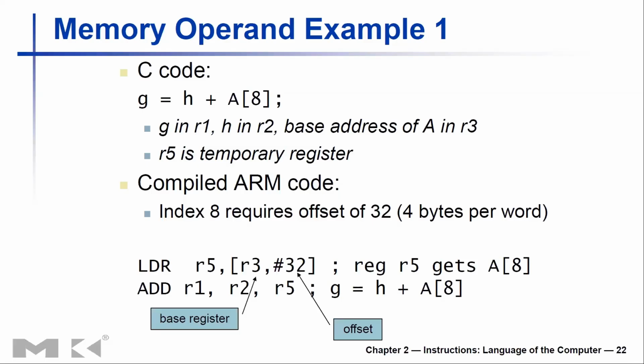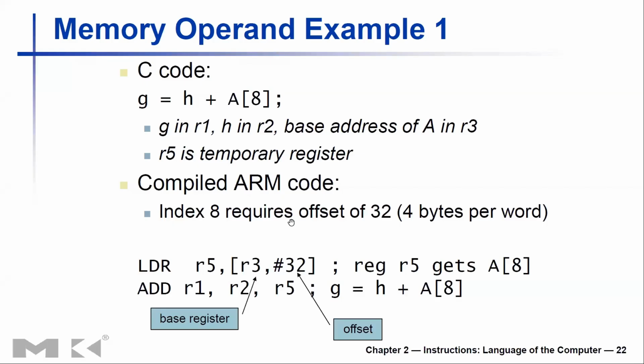We are assuming the base address of A is stored in R3, and we need the R5 temporary register as well to perform this computation. Now we can look at the compiled ARM code. Here the indexing is the thing you need to really worry about, because the other things we have already looked at.